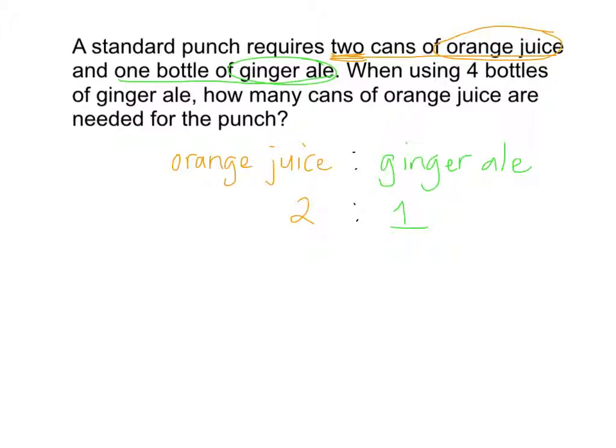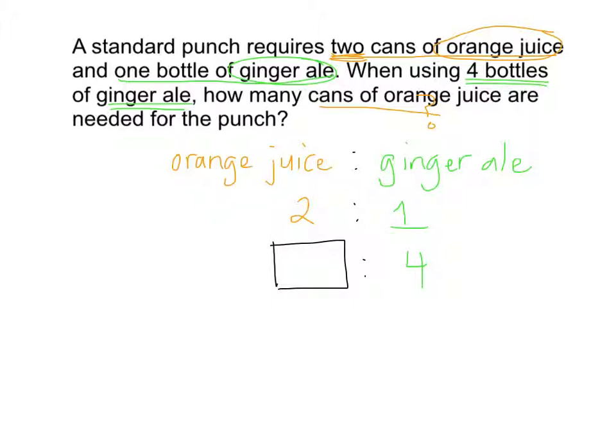Well, the question says when using 4 bottles of ginger ale, we need to figure out how many cans of orange juice are needed. So where am I going to write the number 4? Since 4 represents the amount of bottles of ginger ale, let's write that underneath the word ginger ale. Do we know how many cans of orange juice we need if we have 4 bottles of ginger ale? No, this is what we need to figure out.